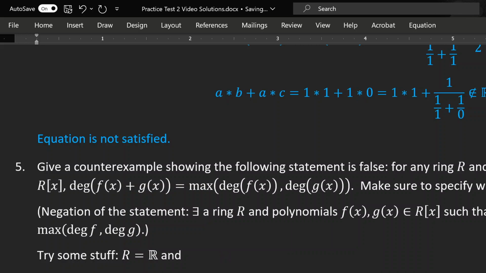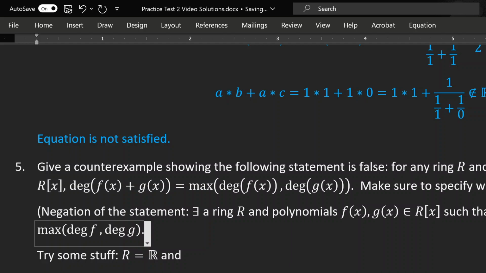If we compare that to the max of degree f and degree g, the max of 2 and 1 is 2. So we do see that the equation is true for this random example that I made up. I'm looking for a situation where that equation is not true.